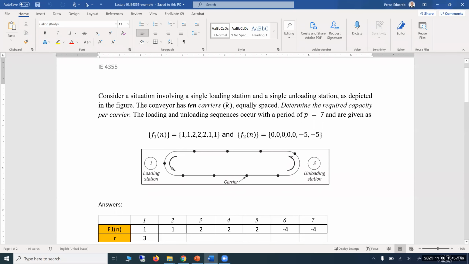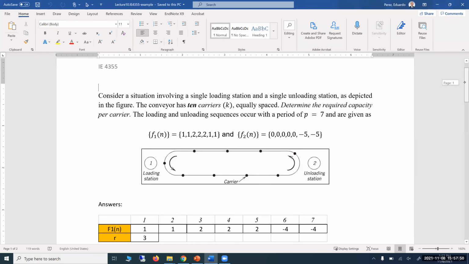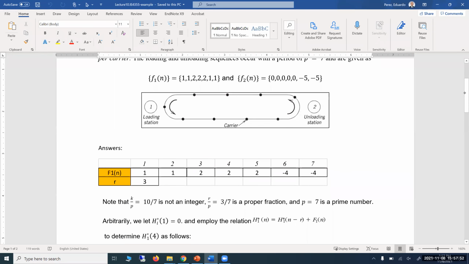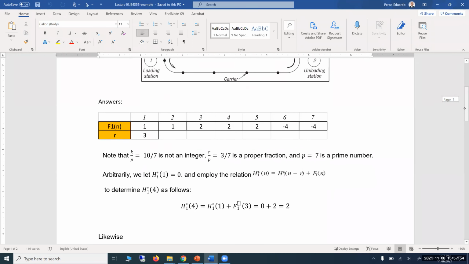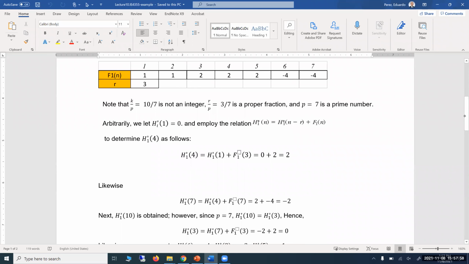So in this example, I generated the information using, well, I typed the solution, so you will see it. I went through the same process of identifying the H1, H1 star for i equals 0, and then we employ the same relationship.